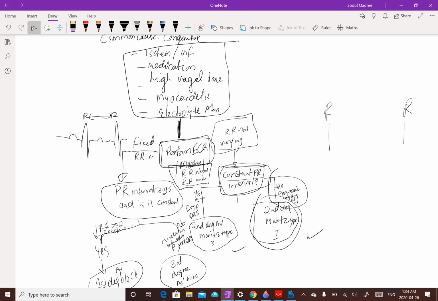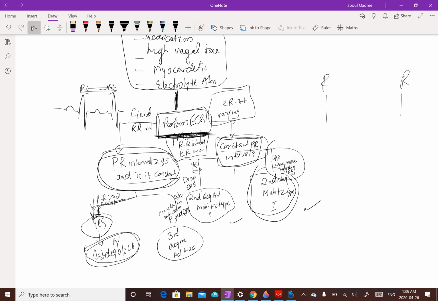Now let's say the ECG tells us that it's a fixed R to R interval, so the R to R is fixed. Then we ask, what is the PR interval like? Is it greater than 0.2 seconds, and is it constant or not? If it's greater than 0.2 seconds and it is constant, then we have first degree AV block, which, as we said, is just an increase and prolongation of the PR interval.